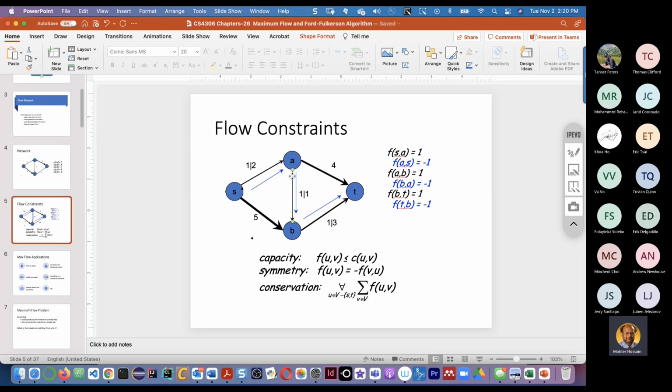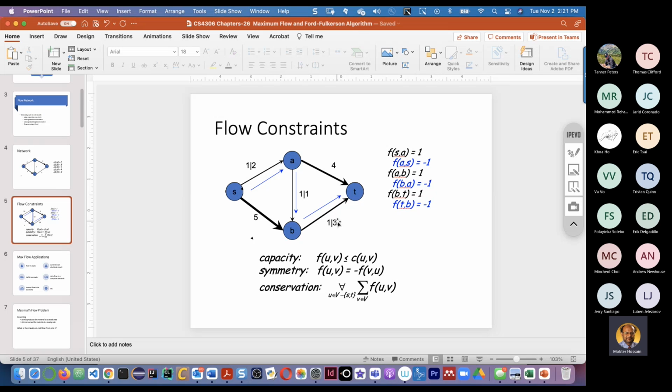So we see that this path can pass only 1 unit, right? Then it has capacity to pass 2 units. If it takes 1 unit for the path A to B, the vertical bar means the capacity is 2, but you're passing 1 unit. Here the capacity is 1 unit and you're passing 1 unit, so this is consumed, right?